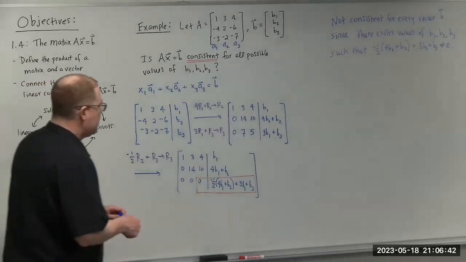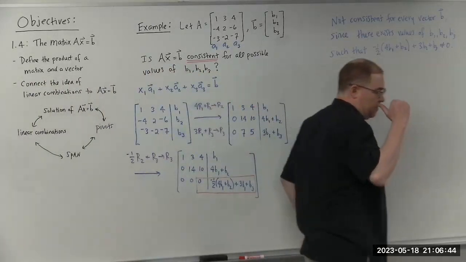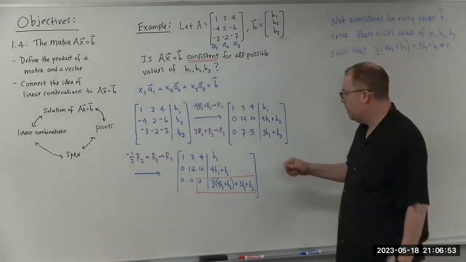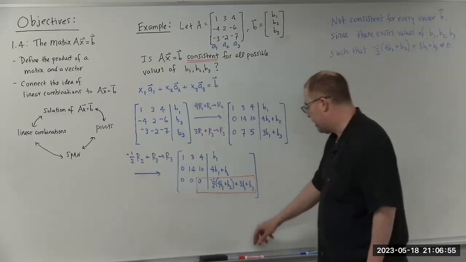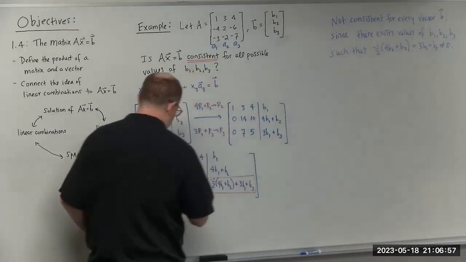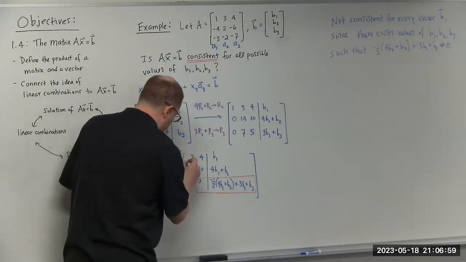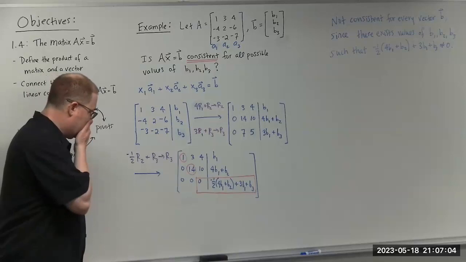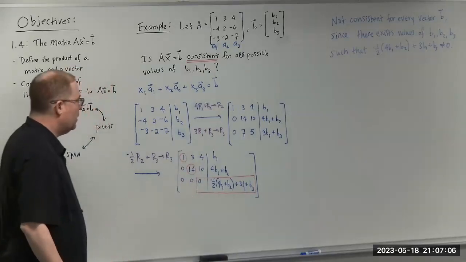This example actually demonstrates something a little bit more, particularly with the pivot positions. If you look at your pivots, those leading entries, you only have 2 of them for this coefficient matrix.